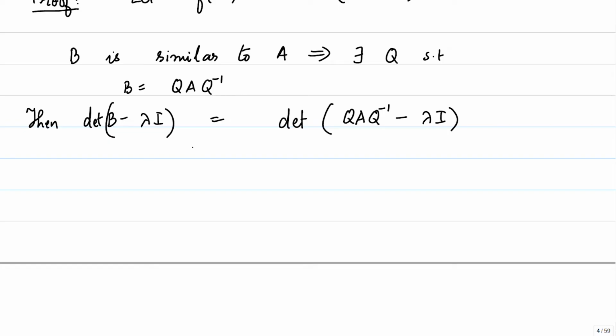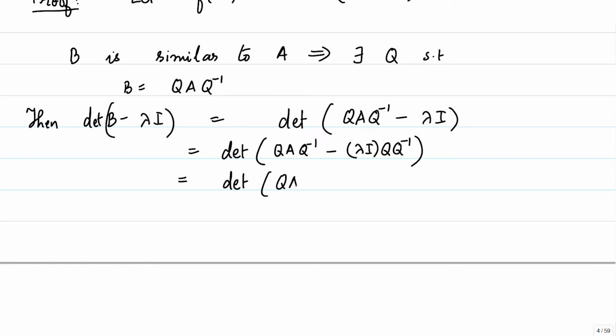So this is nothing but the determinant of QA Q inverse minus lambda I times Q Q inverse, because Q Q inverse is just the identity, and because it commutes, this will just turn out to be QA Q inverse minus Q lambda I Q inverse.